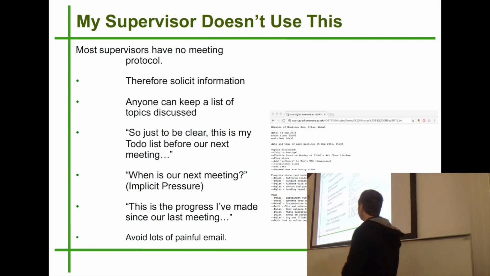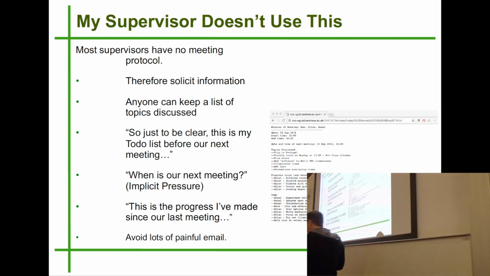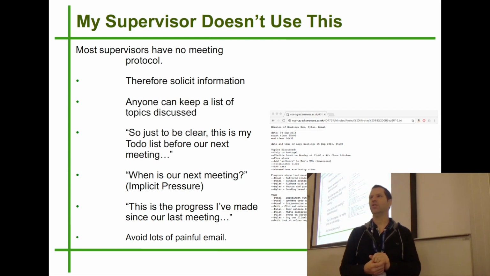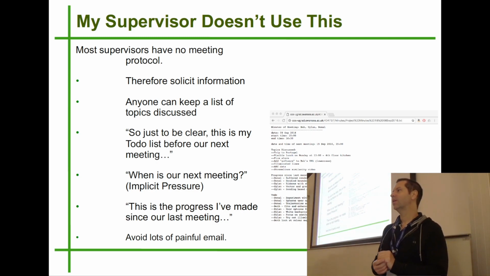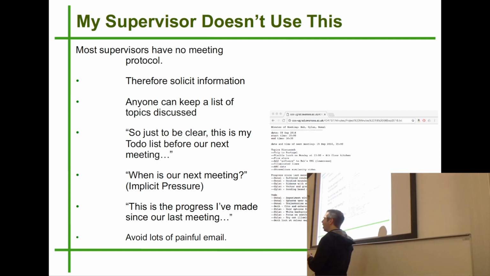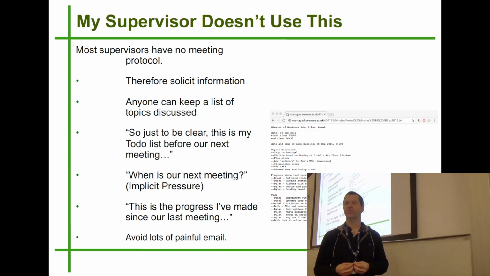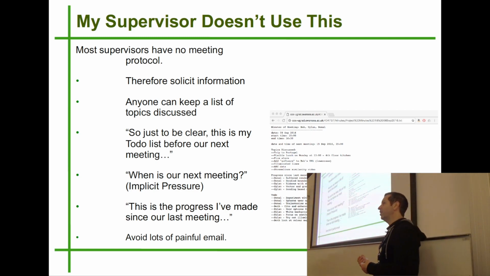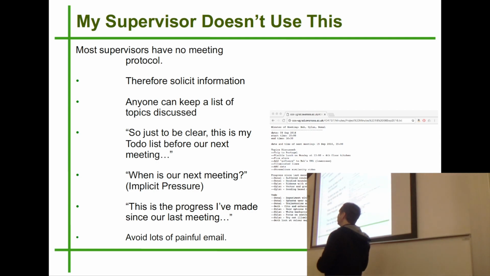Now some of you are thinking, oh my gosh, that's nice, Bob, but my supervisor doesn't use this. Your managers and your bosses and your supervisors are not going to be this well organized, generally speaking. They're not going to use this protocol, which is kind of sad, but that's just the way it is.